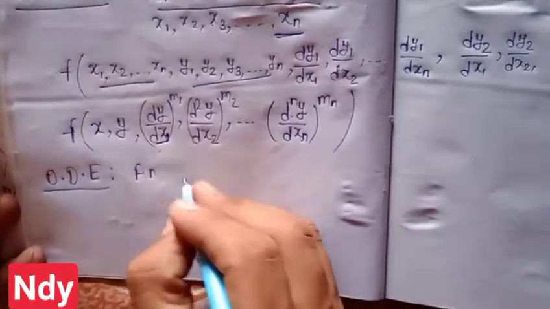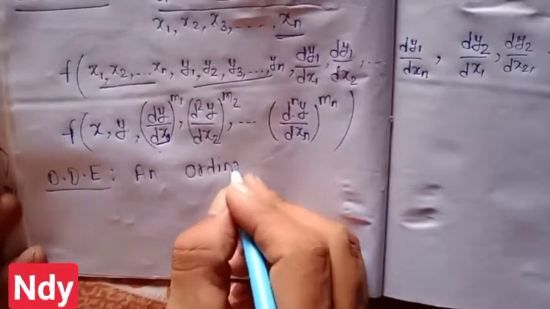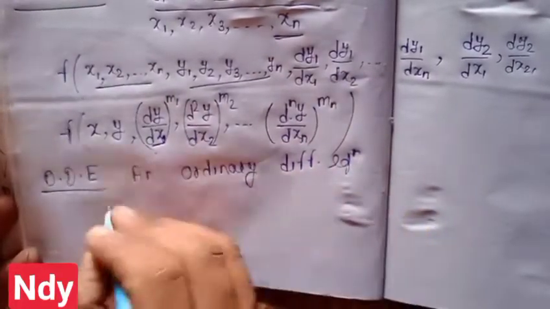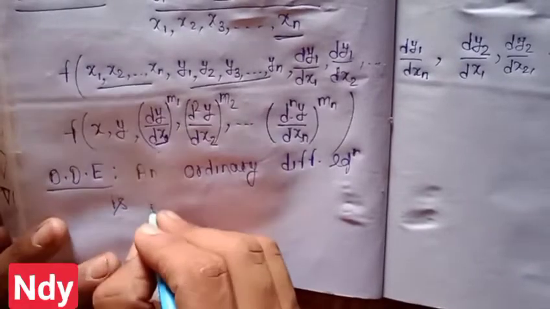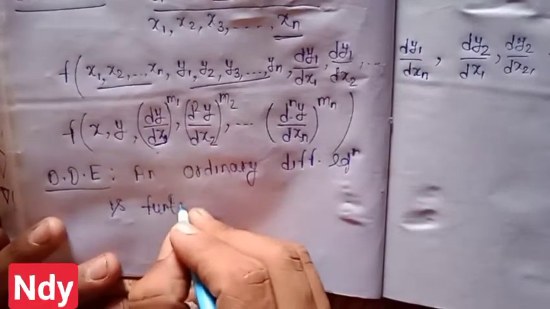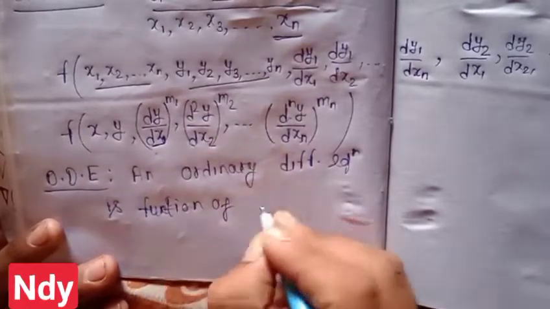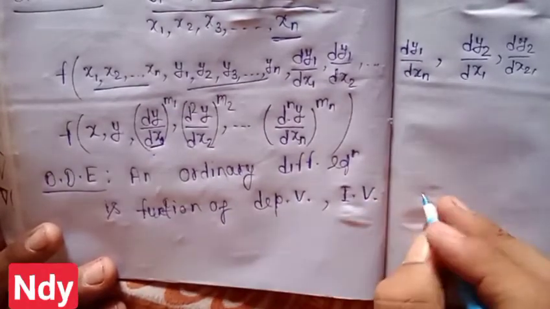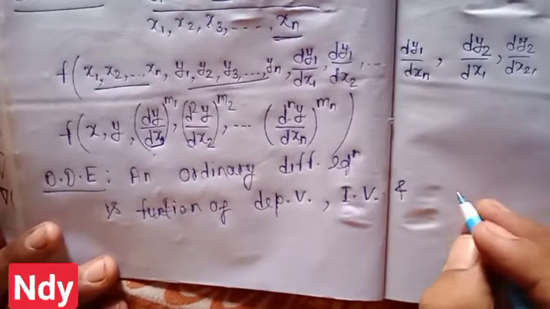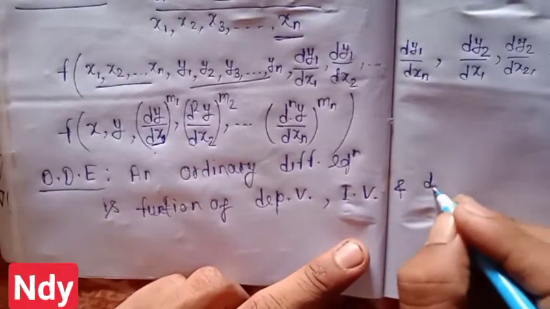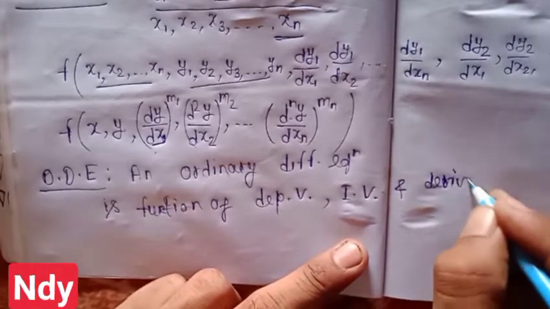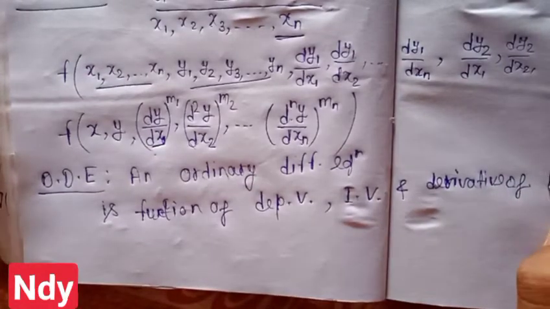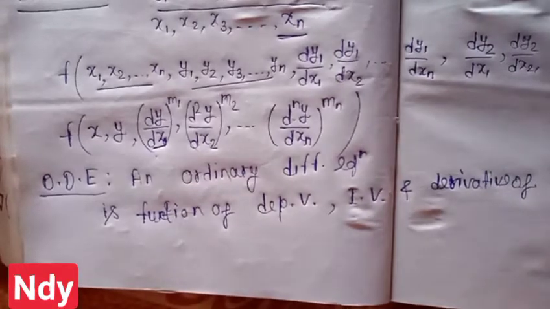In an ordinary differential equation, it is a function of dependent variable, comma independent variable, and derivative of dependent variable with respect to independent variable.